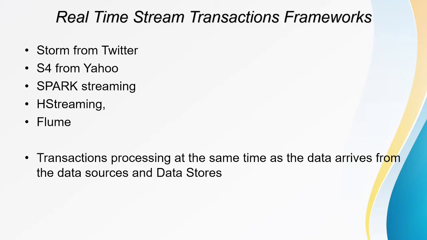Now let us see what you mean by real-time transaction processing. It is transaction processing at the same time as the data arrives from the data source and data store. So as soon as I get the data, I am going to start processing it.